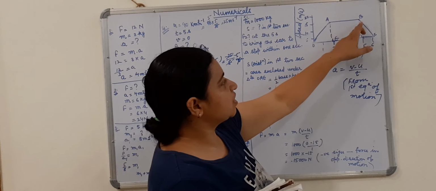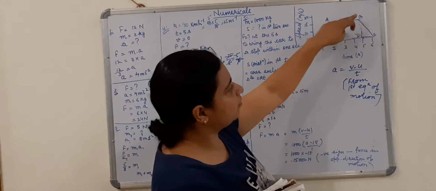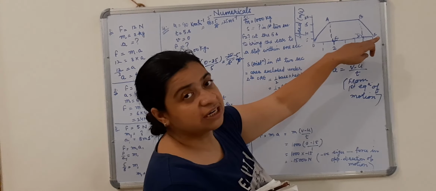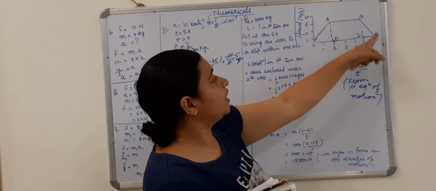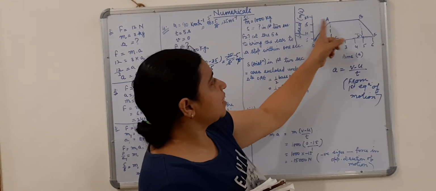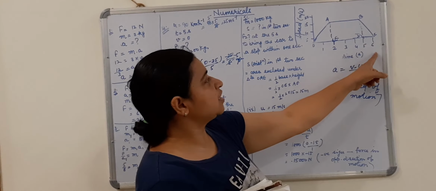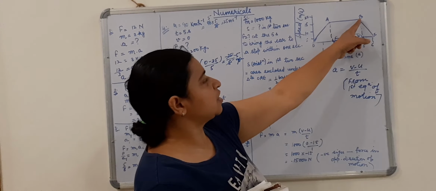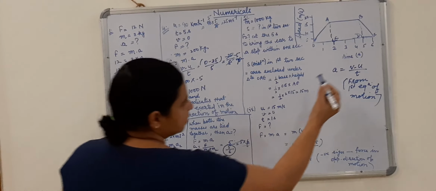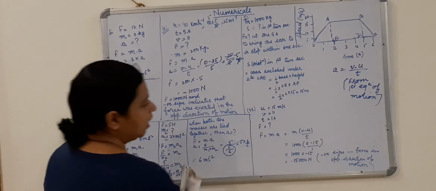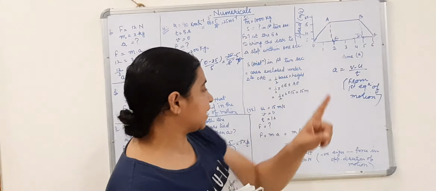Then its velocity decreased uniformly, from the shape of the graph, from 15 to 0. So in the last part, between 5 to 6 seconds, the initial velocity u is equal to 15 meter per second, the final velocity is 0, and the time is 1 second.